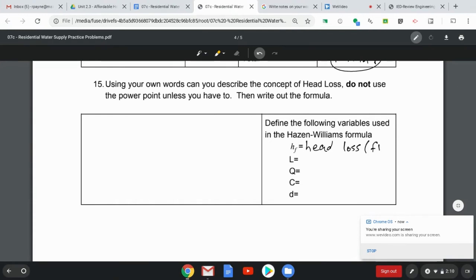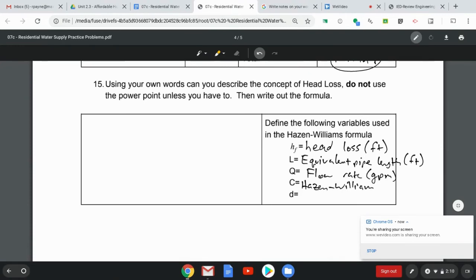It's measured in feet. L is the equivalent pipe length, also in feet. Q is flow rate in gallons per minute. C is Hazen-Williams constant.